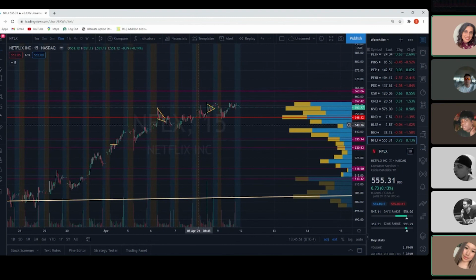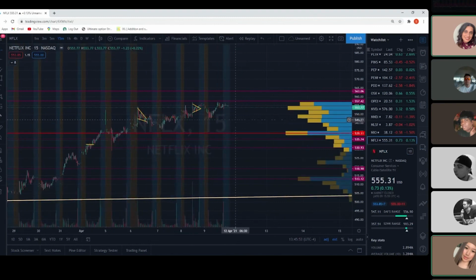And so the last couple of days, if you look at the 15 minutes, it's basing out here. It based, it rallied, and then it dropped a little bit, and then it's basing and rallying.